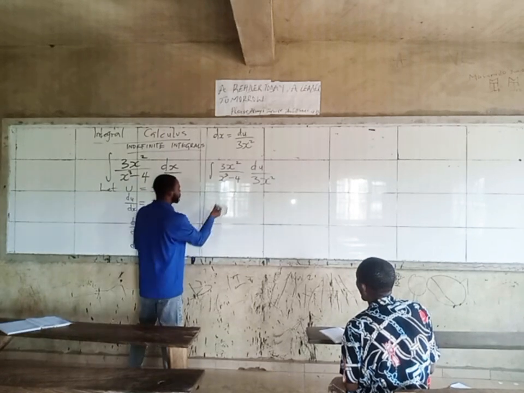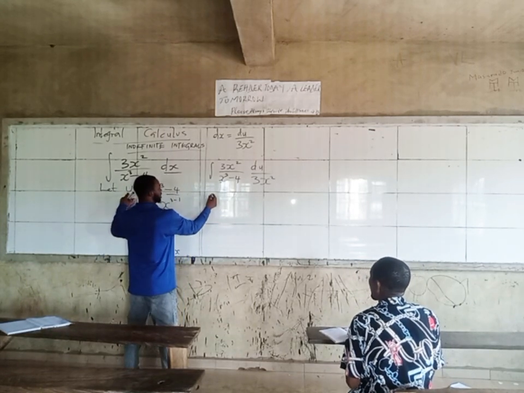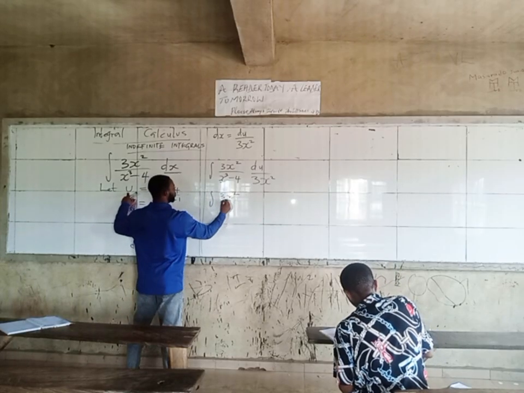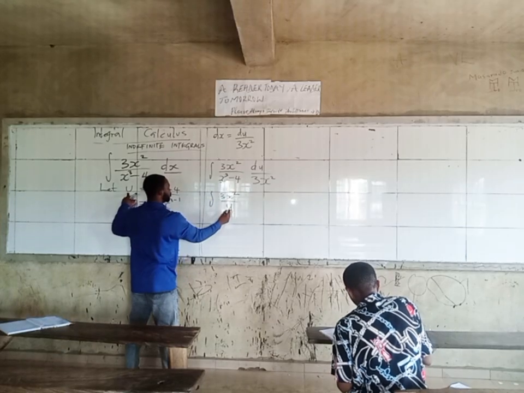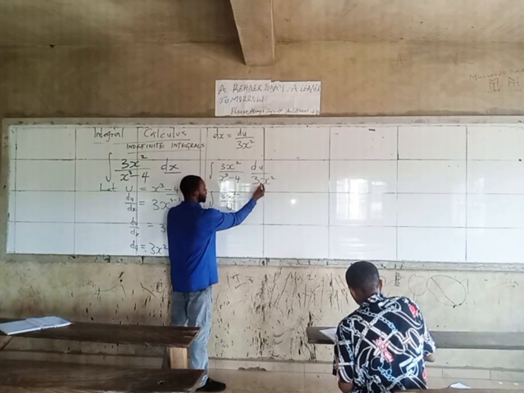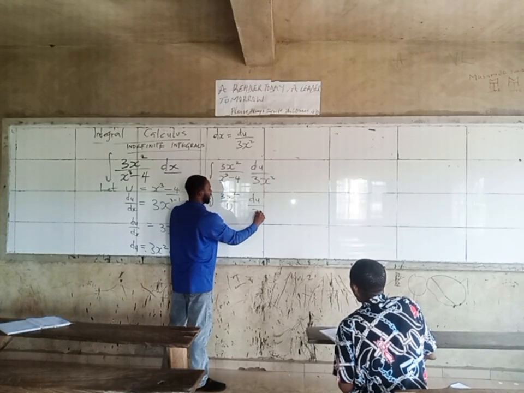So when we started, we selected this, and everything here becomes u. So this is the same as the integral of 3x squared all over u, replacing this with u.